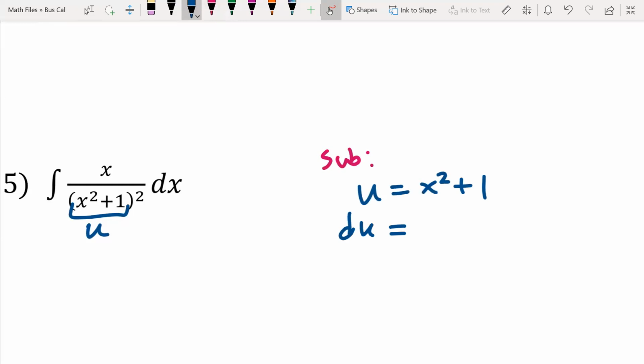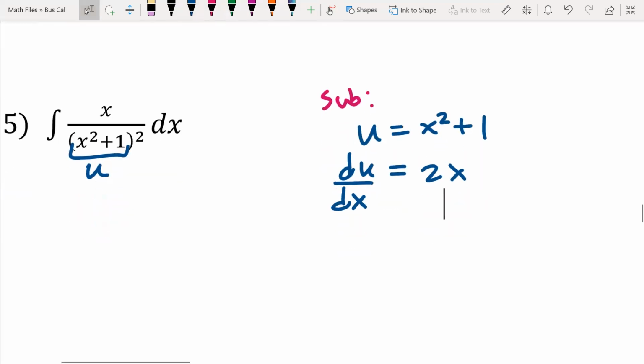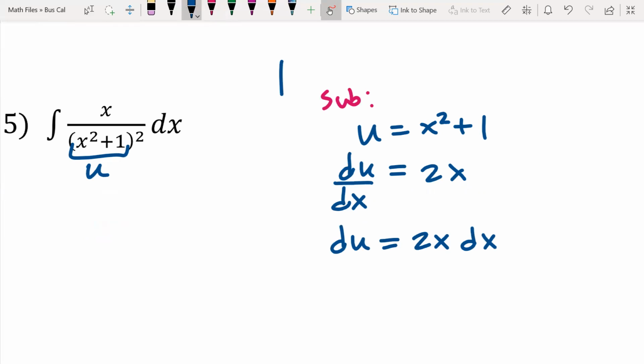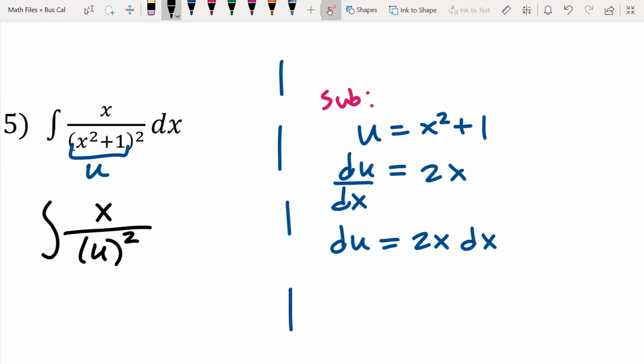Then du over dx equals 2x. Multiply that dx to the right side, and you get du equals 2x dx. So that's what's going on my sub right now. Let's look at our actual integral. After the substitution, you now have x over u squared dx.